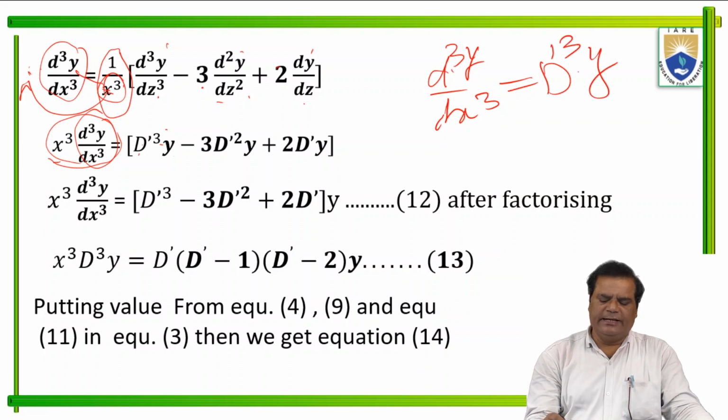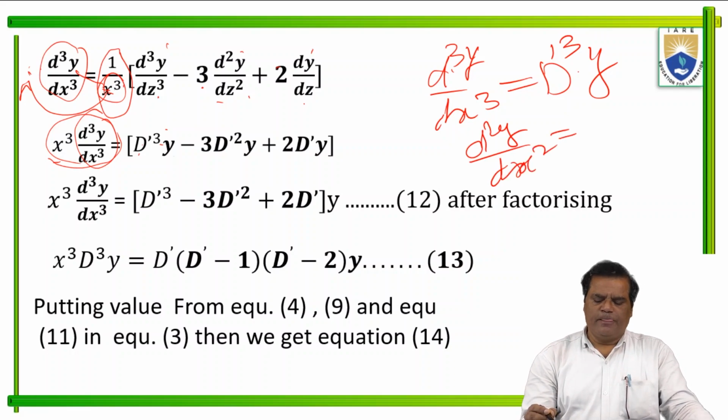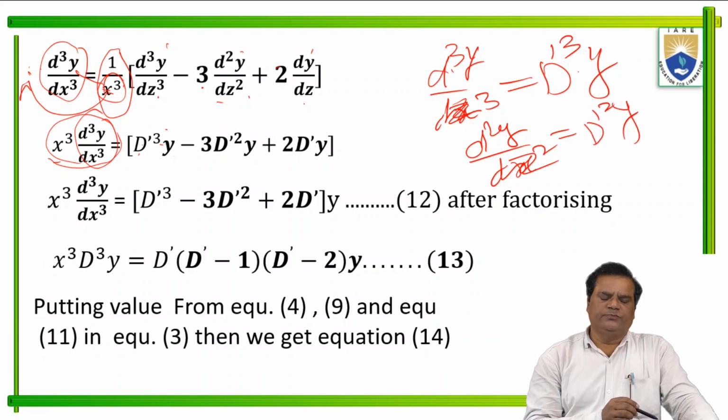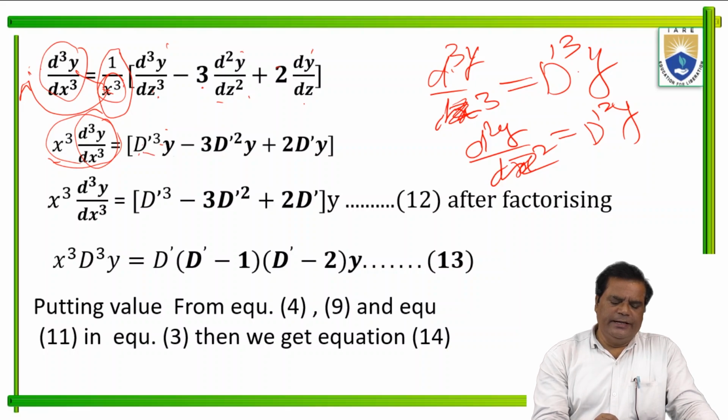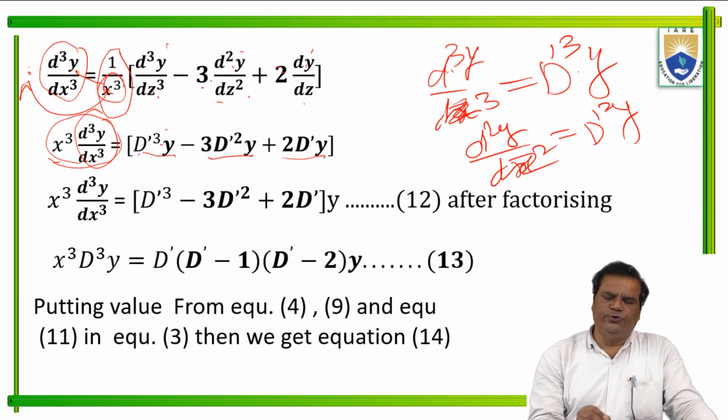So x cube d cube y over dx cube equals D dash cube y minus 3 D dash square y plus 2 D dash y.